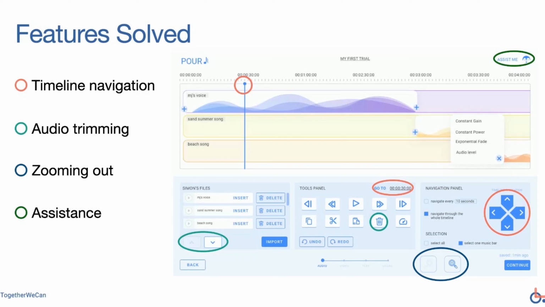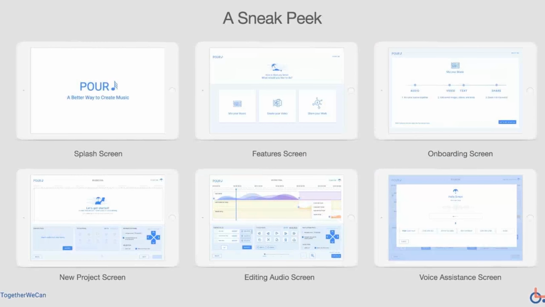I will show you a small sneak peek of the high fidelity wireframes of the app, where you can see the splash screen, and the feature screen, where the user can mix audio, edit audio, create videos, and share the work. Also, there will be an onboarding screen, which will help users understand the features and gestures more. You can also see the new project screen, which shows how it appears when the user is editing.